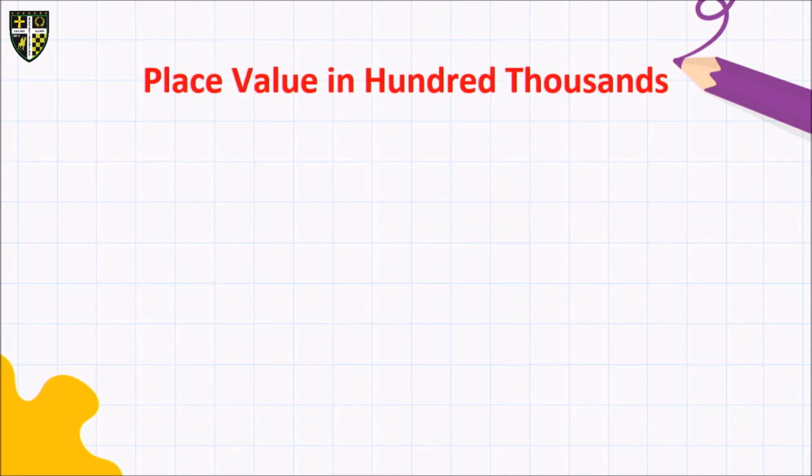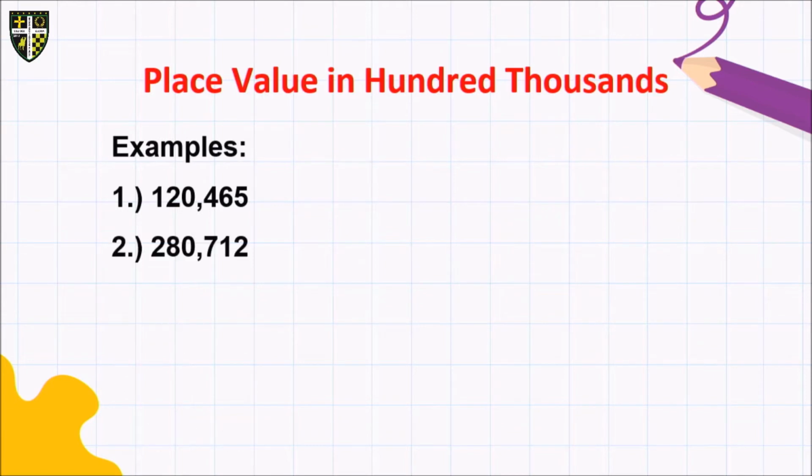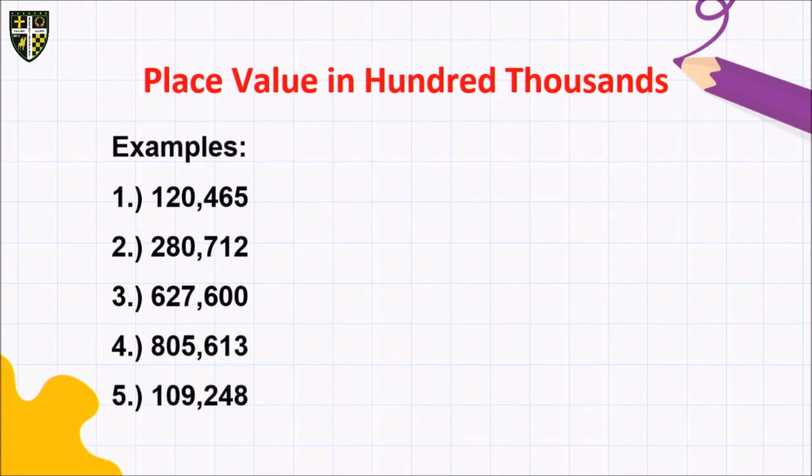Next we have place value in 100,000. For example, we have 120,465, 280,712, 627,600, 805,613, and lastly, 109,248.